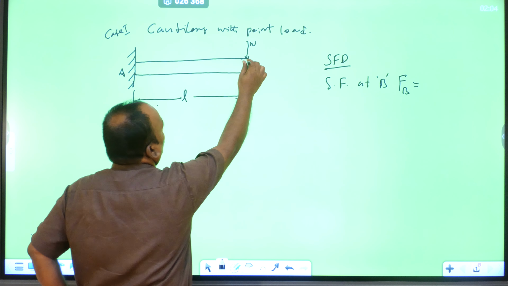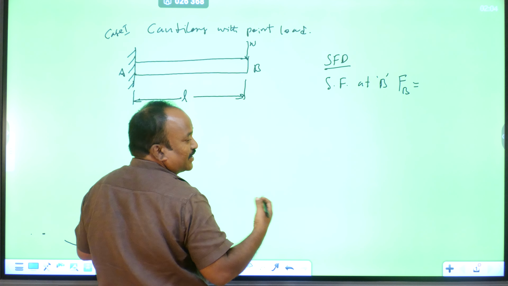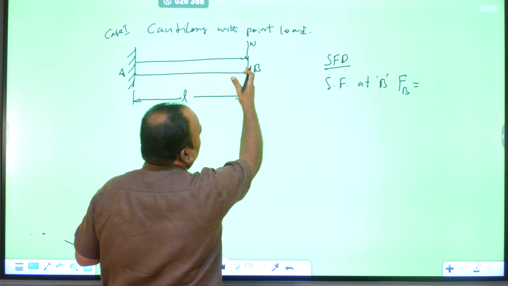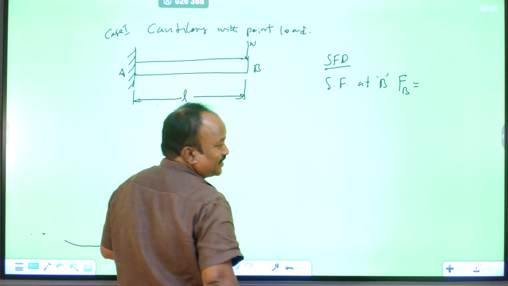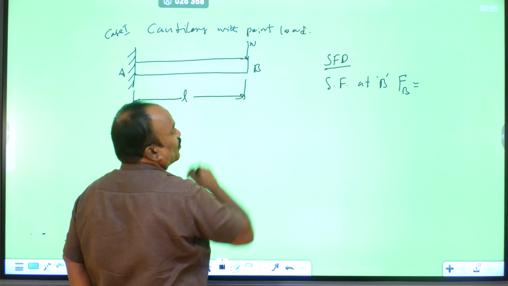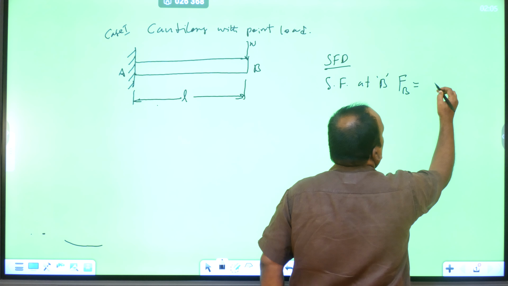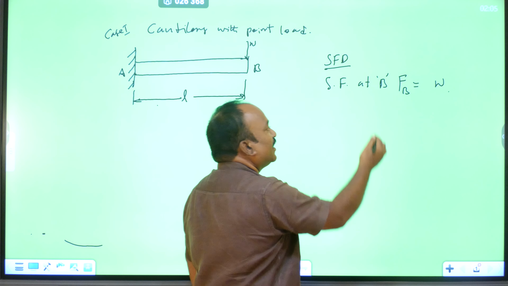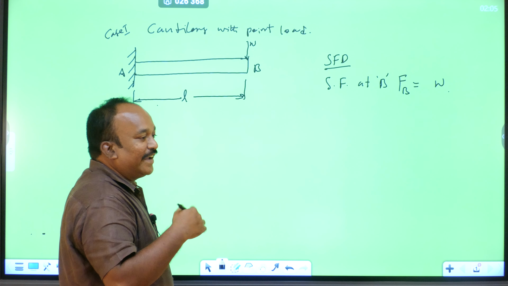Particular point B means this point. So the algebraic sum from the right side of section B: no forces, but at the particular point B the load is W. Whether W is negative or positive depends on clockwise or anti-clockwise.